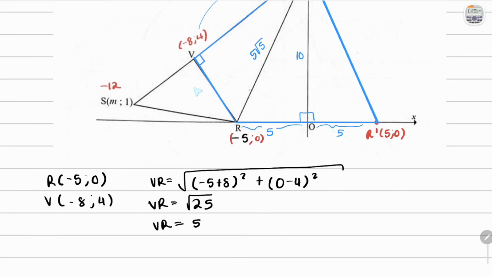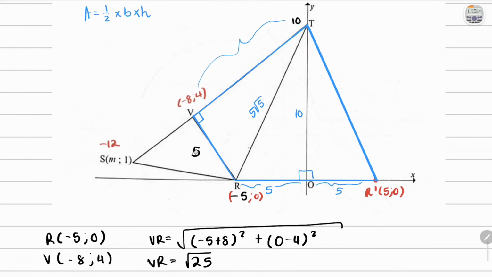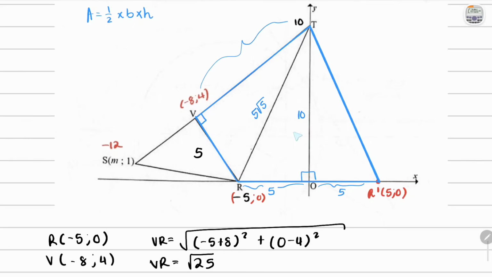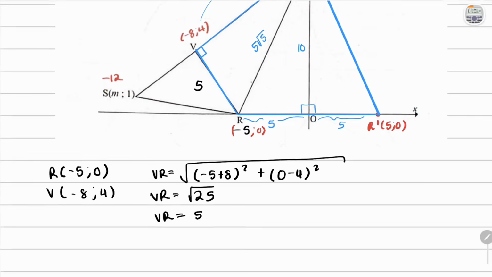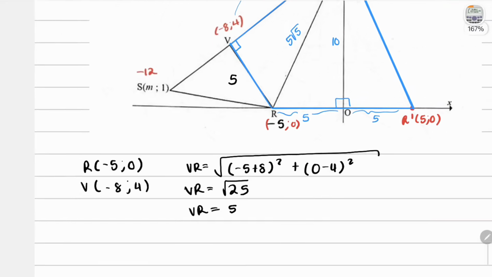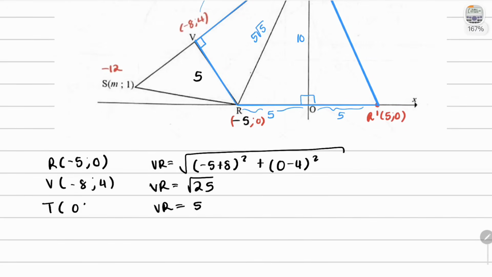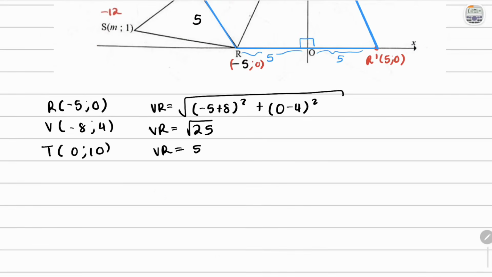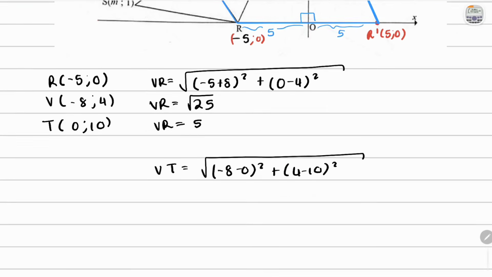That's already looking good. If we know that this is 5, then we can probably see that these three triangles are going to maybe be congruent. So let's find VT quickly. We already have V here, just put T down. It's 0 and 10. So VT equals the square root of negative 8 minus 0 squared plus 4 minus 10 squared.